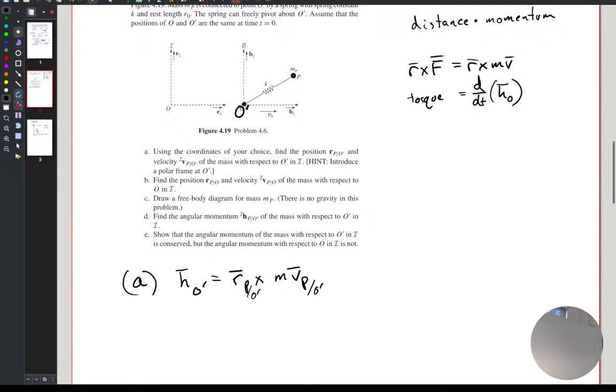If I say I want to use Cartesian coordinates, its position is x times v1 and y times v2. Or if I want to say it's cylindrical, then it's r times er. I don't know what the r values are, but I'll know once I solve the problem.